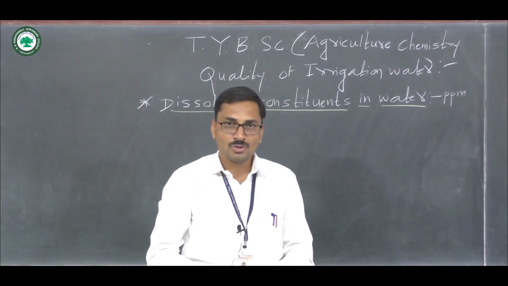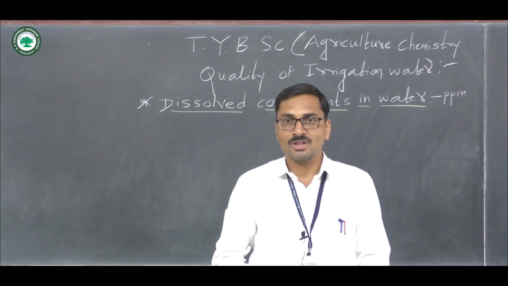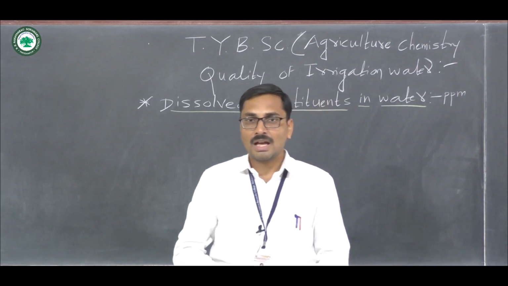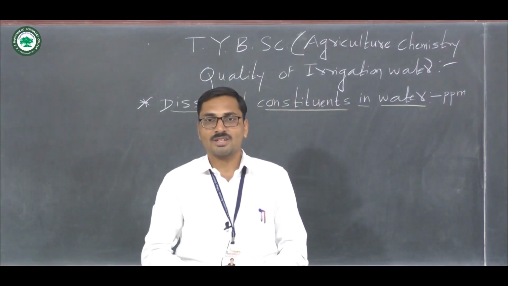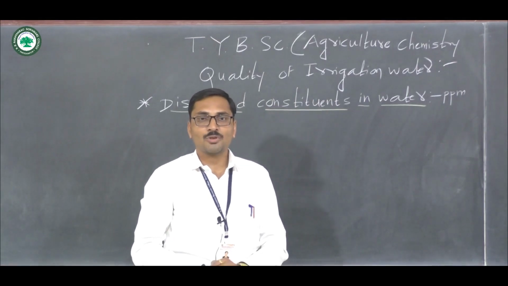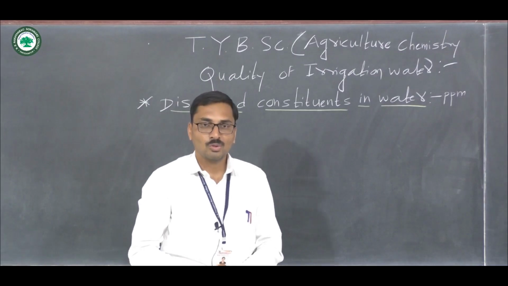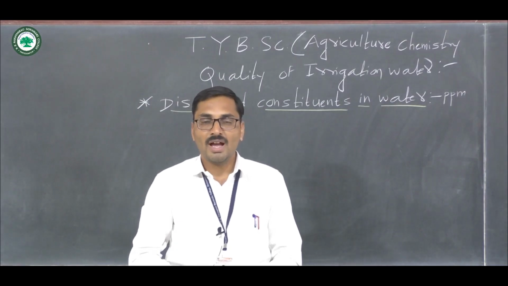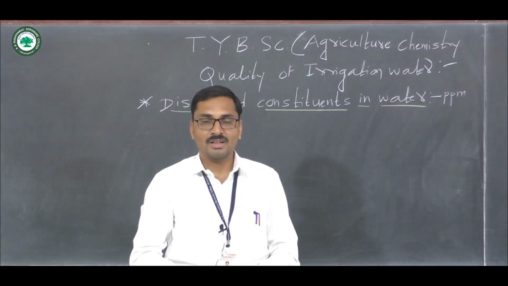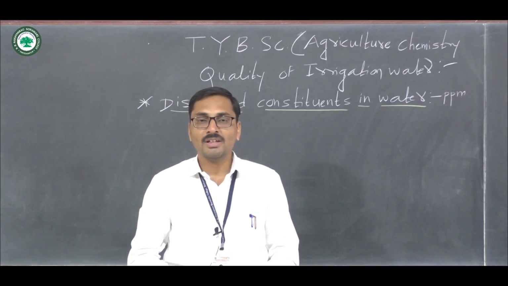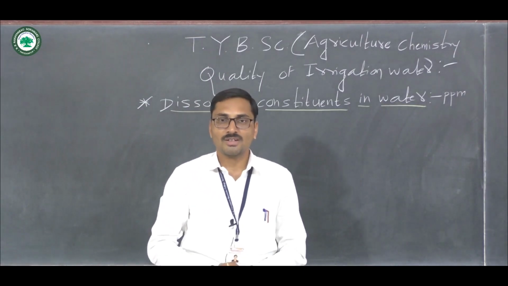If particular elements or impurities are present in a large amount in the given irrigation water, then that constituent is classified as a major constituent, and if an impurity is present in trace amount, then it belongs to the minor constituent.